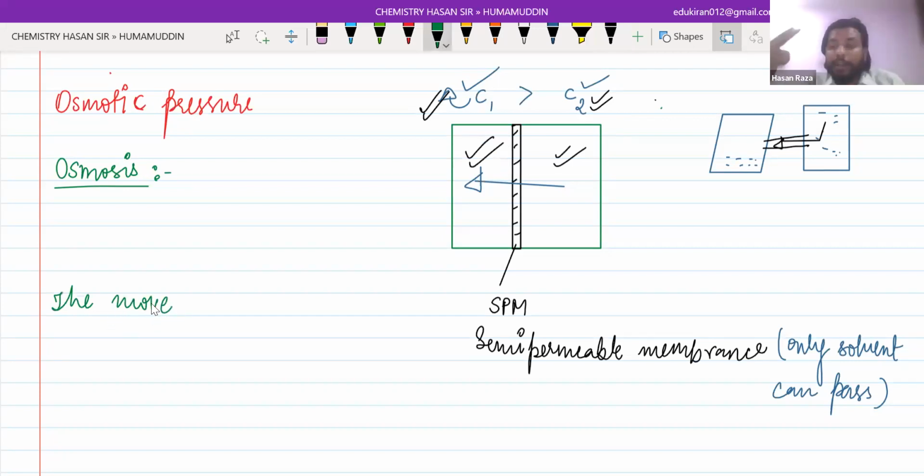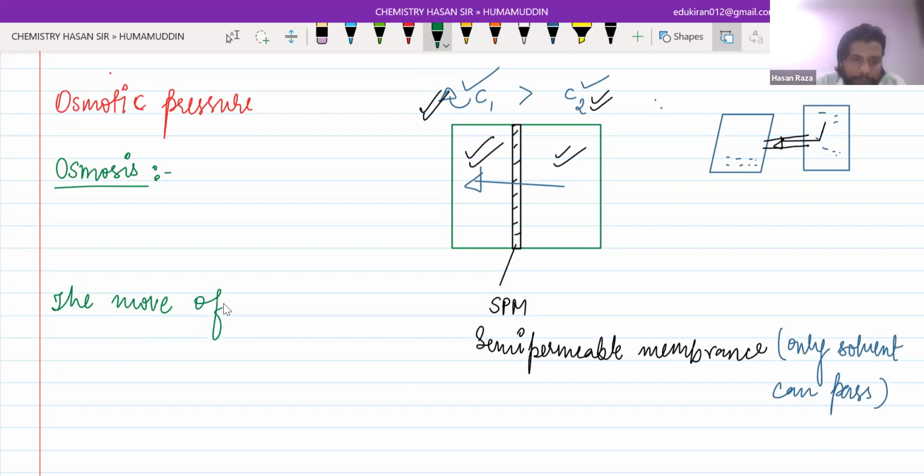We can define this in two terms. In terms of concentration, whenever you are reading anywhere that the concentration is high, that means solute is high, solvent is low.